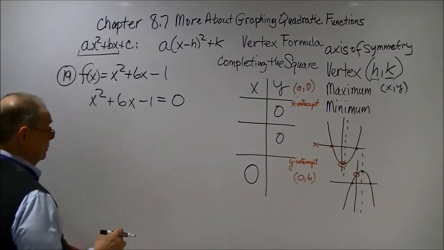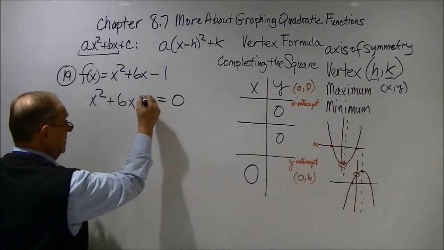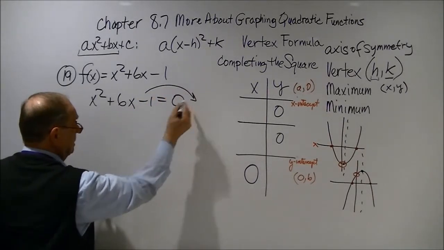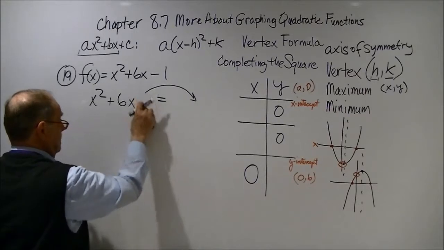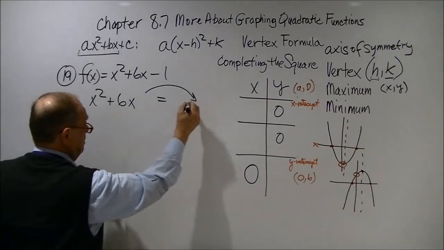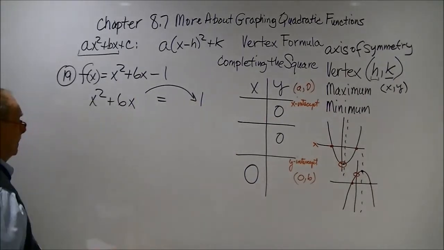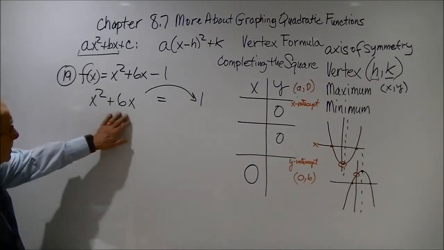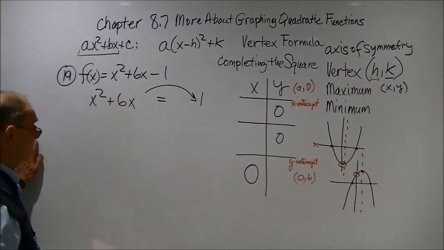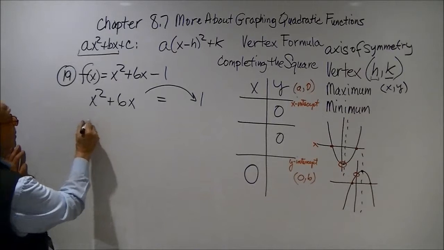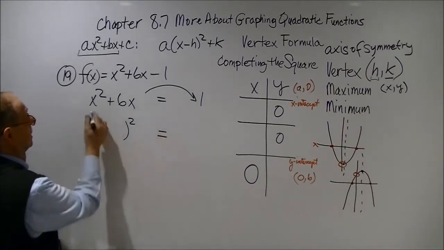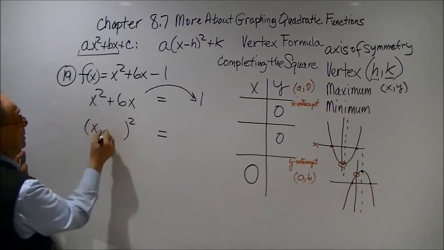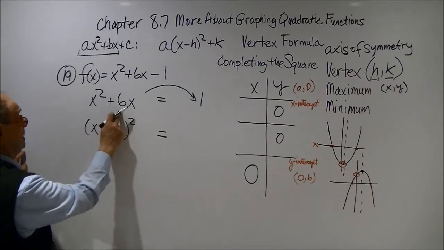The way we said we solve it is we transpose the c term and that makes it a positive 1 there. And then this is a good candidate for completing the square. So we'll put our parenthesis squared, the x goes there, the plus goes there.